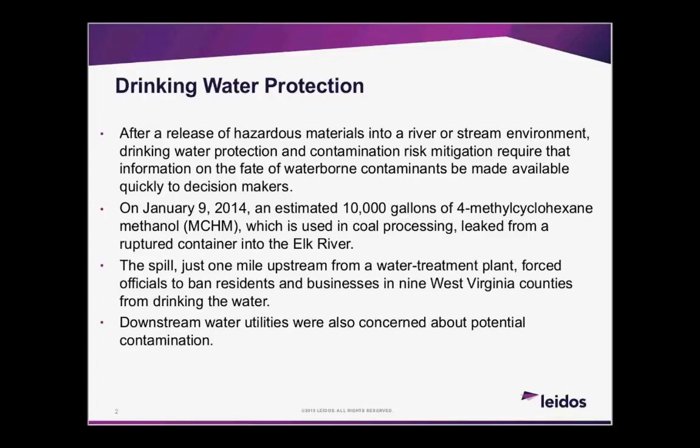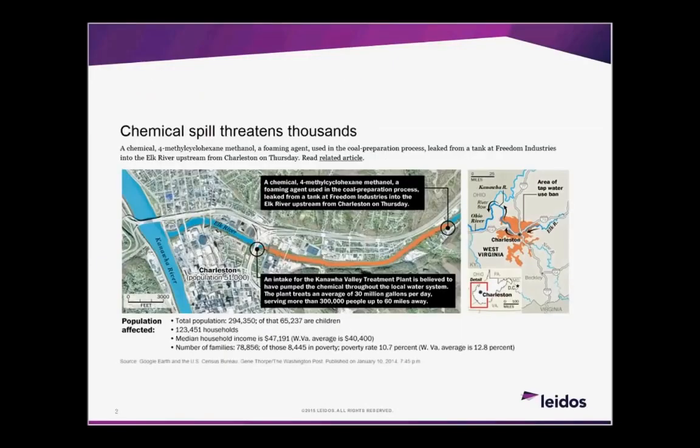And so what happened in January of 2014 was that a chemical spill of 4-methyl cyclohexane methanol, which is a foaming agent used in coal preparation, leaked from a tank at Freedom Industries into the Elk River. And this particular tank was about 1 mile upstream from the intake for the Charleston water supply.